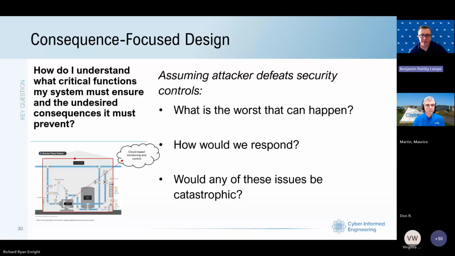So the nice thing about this is it helps you to focus on the critical components that contribute to that critical function. And the premise of asking those questions of what's the worst that could happen, how we should respond, really helps filter out the worst case consequence, the one that necessitates additional control mechanisms beyond just your cyber, in addition to your engineering controls.